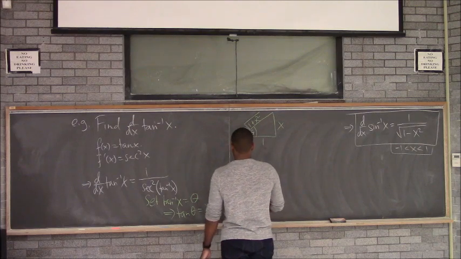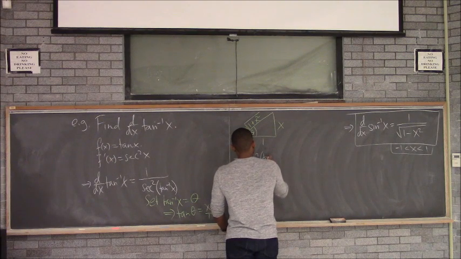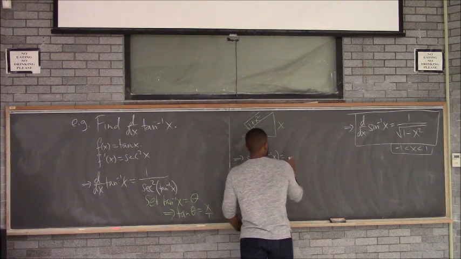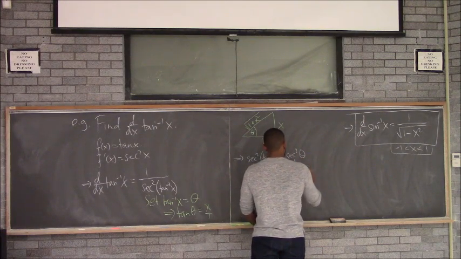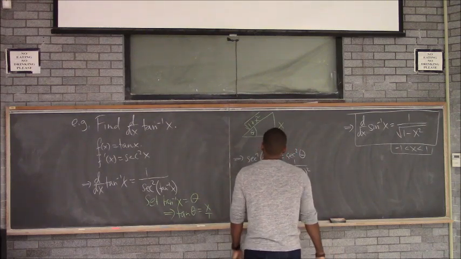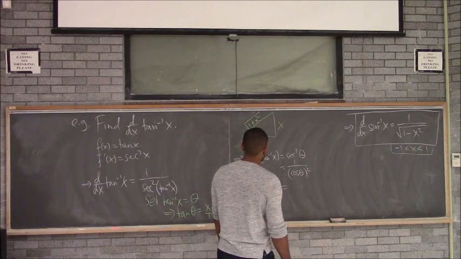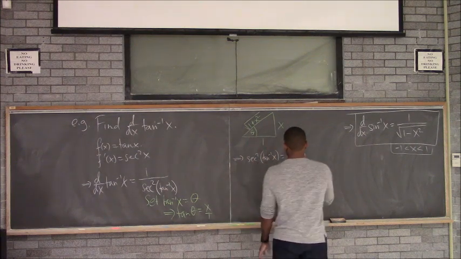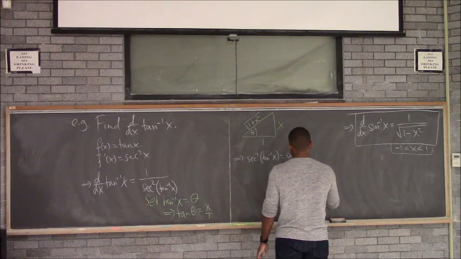And so this means that the secant squared of the tan inverse of x is going to be the secant squared of theta. Well, that's just 1 over cosine of theta squared. And cosine of theta would be 1 over the square root of 1 plus x squared, squared.